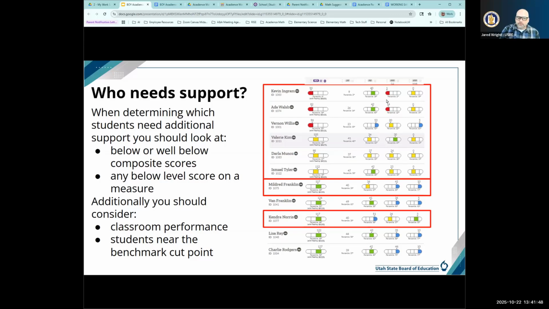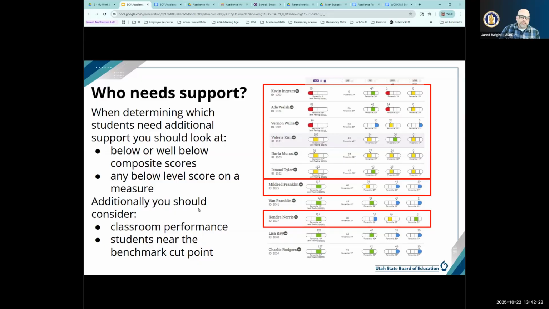So I'm going to focus on the measures where they might need additional support. And then there are some students who were at benchmark, but their individual measures show that on a couple of them they were below benchmark. That's where I'm going to start to think about how I'm going to group students, what students might need additional support, more than just what I'm providing to the whole class.